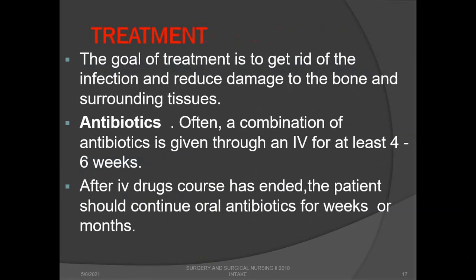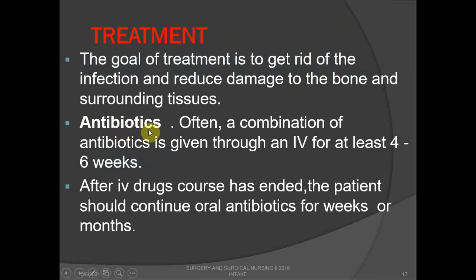Treatment. How can we treat osteomyelitis? So the goal of treatment of osteomyelitis is to get rid of infection and reduce damage to the bone and surrounding tissue. So that's what we aim at when we're treating osteomyelitis. So one, we can give antibiotics.